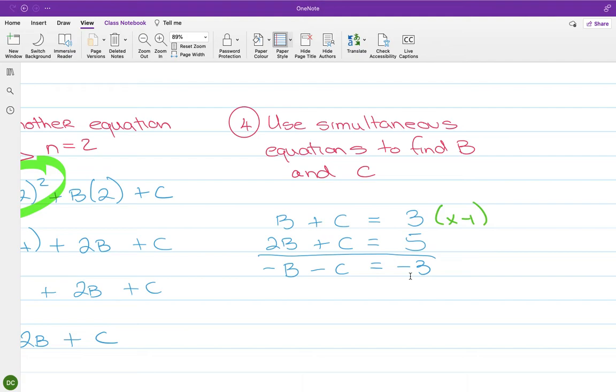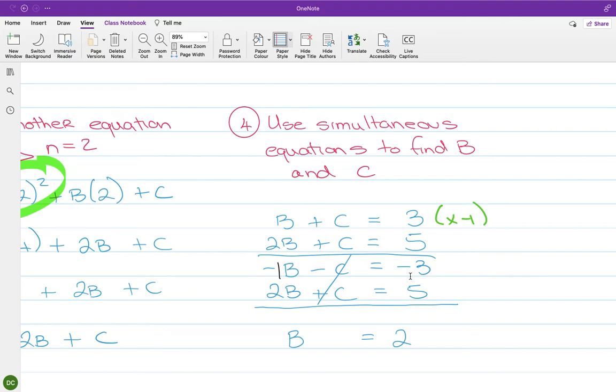Whole bottom line stays the same, so 2b plus c equals 5. I am going to cancel off my c's because I have a plus c and a minus c, which is 0. There's an invisible 1 in here, so 2b minus 1b is 1b, which is just b, and 5 minus 3 is 2.